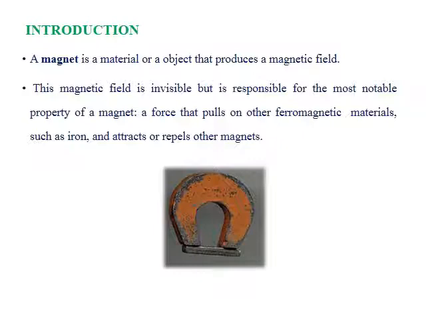This magnetic field is nothing but a kind of force that pulls on other magnetic materials or ferromagnetic materials such as iron, and it also does the process of attraction as well as repulsion. So we are all well aware of this magnetic property.